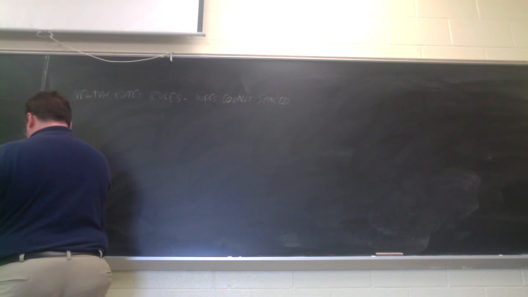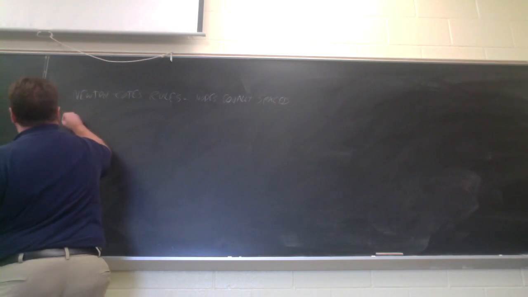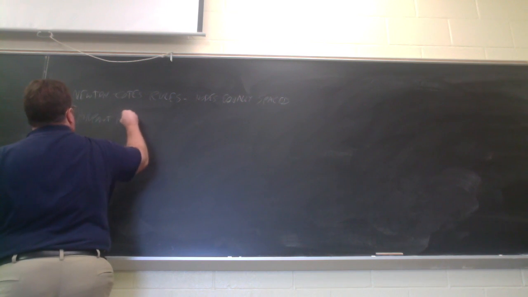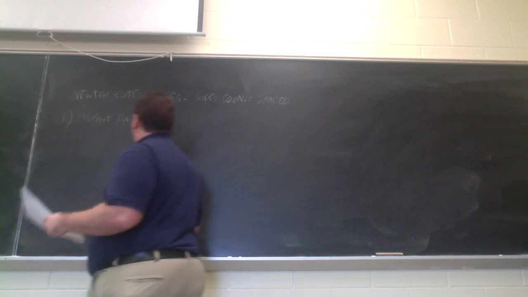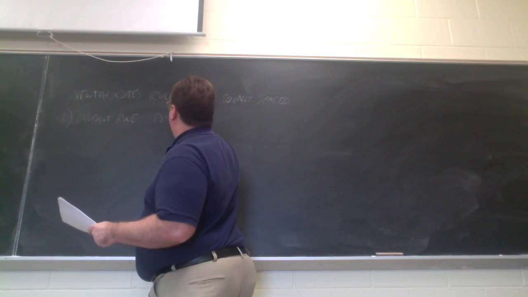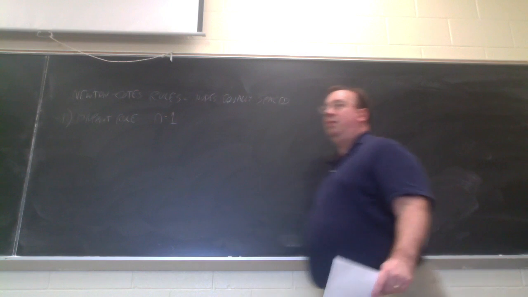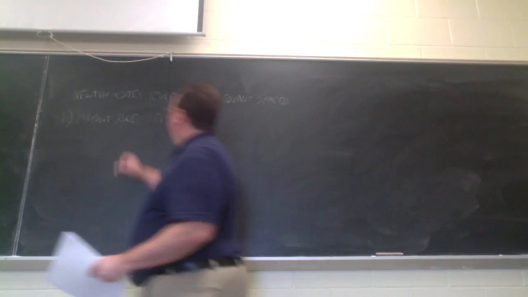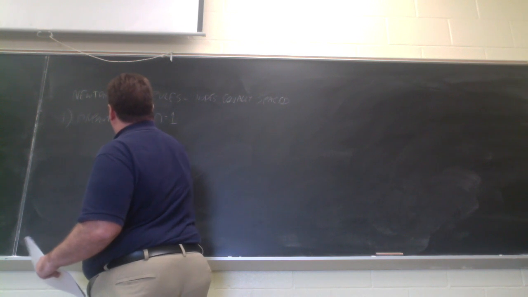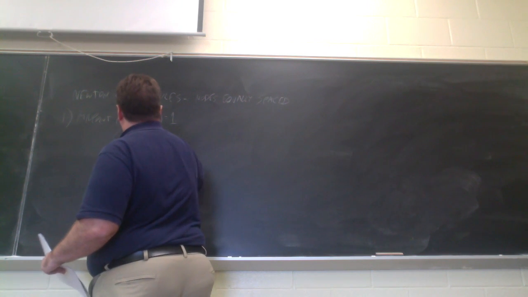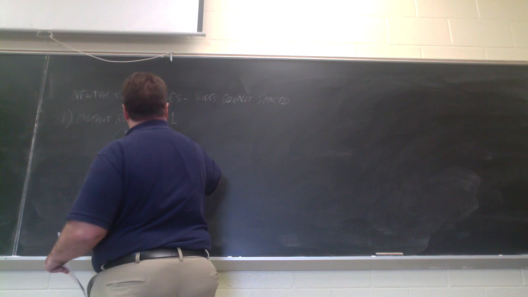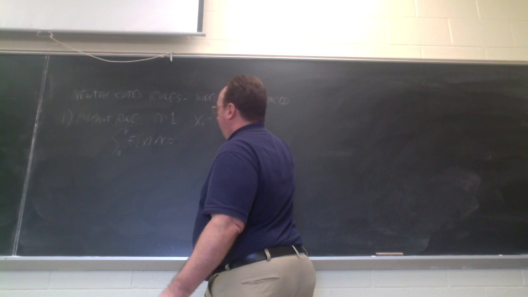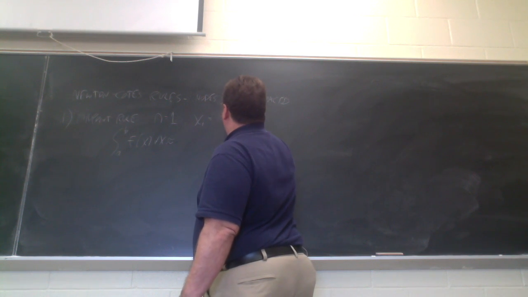The first one is called the midpoint rule. So the number of nodes, n, is equal to 1. There's only one node. So the approximation, our node x1, is just the midpoint, a plus b over 2.